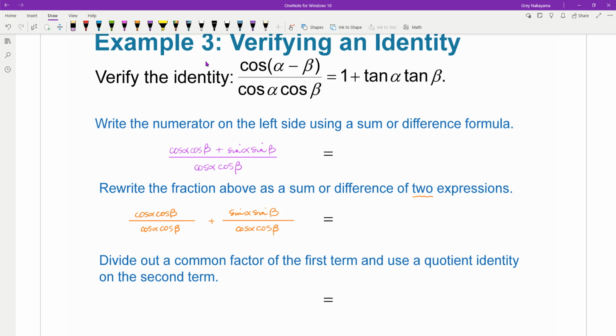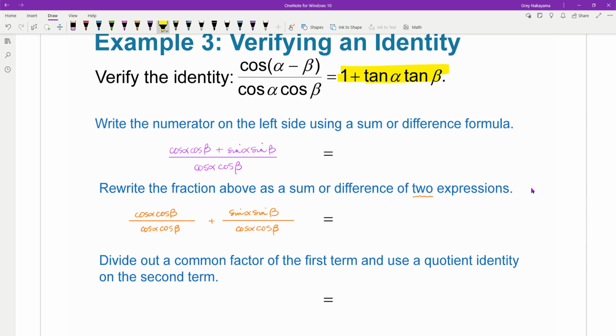And then it says divide out a common factor of the first term and use a quotient identity for the second term. Okay? Even if you don't know, y'all, it's the last step of the problem. And we've talked about identities before. And the last step of the problem is always going to look like the other side.